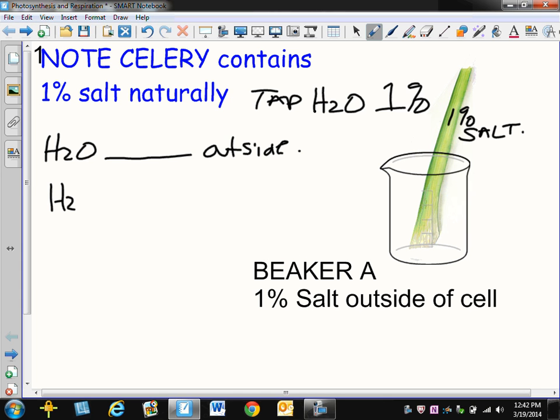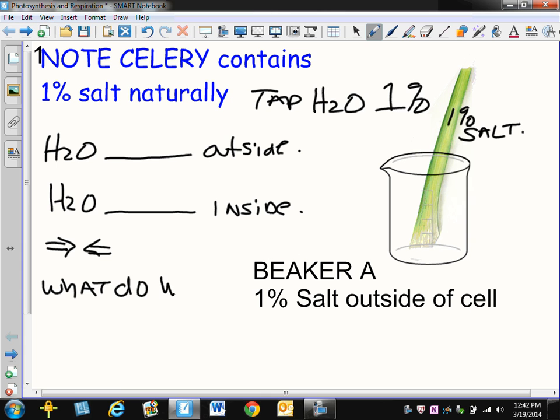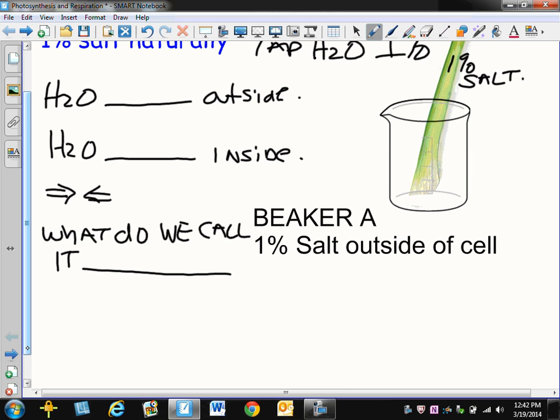What's the H2O inside? What direction is the water moving? And what is it called? What do we call it? And what does the cell look like?